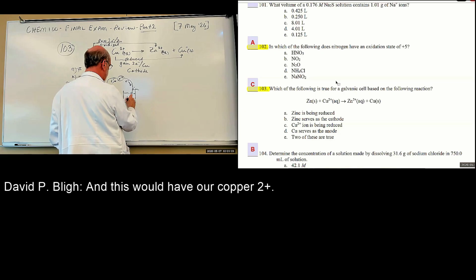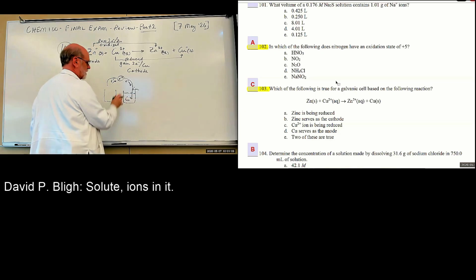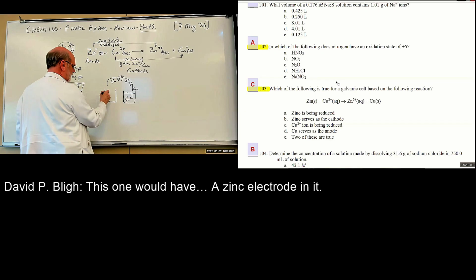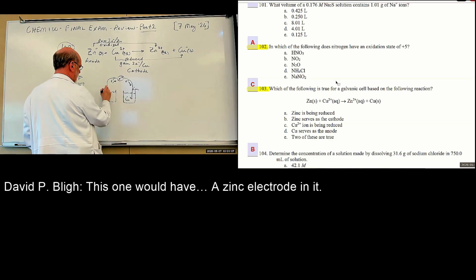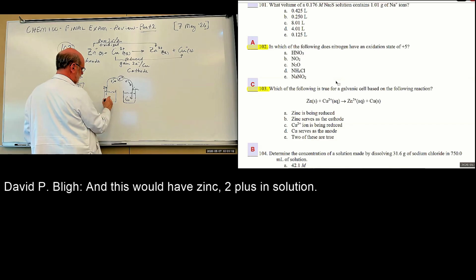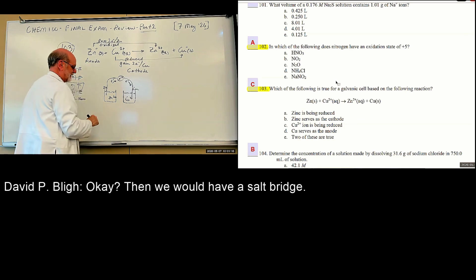And this would have our copper 2 plus ions in it. This one would have a zinc electrode in it. And this would have zinc 2 plus in solution.